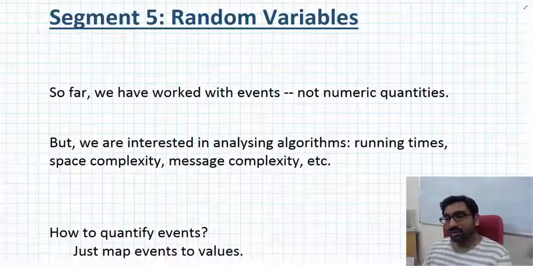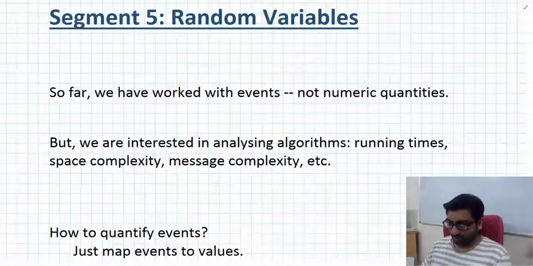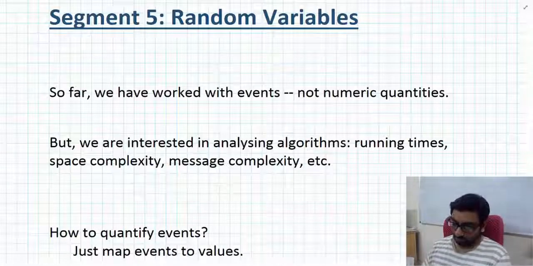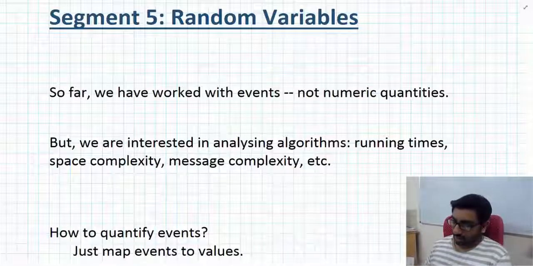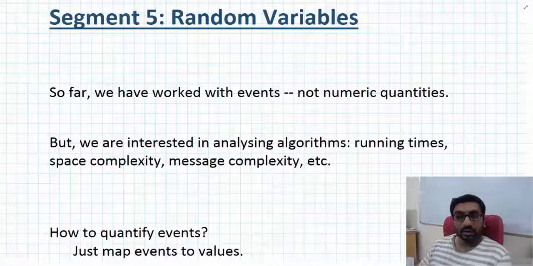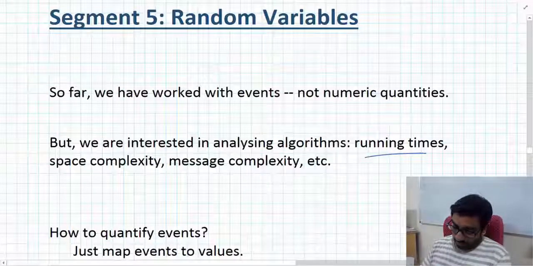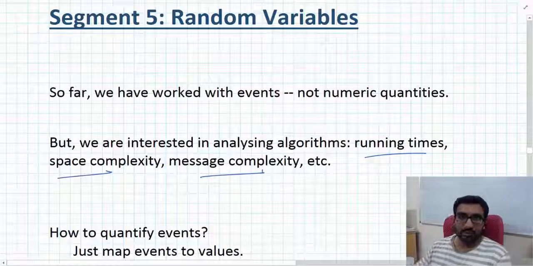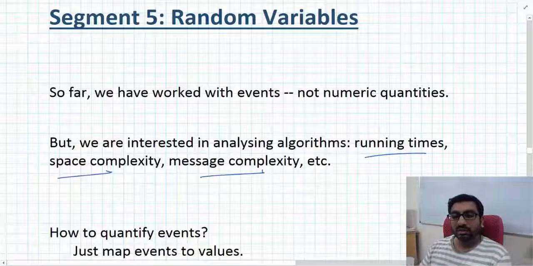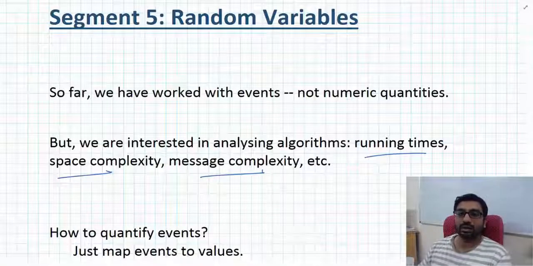Oftentimes we are interested in quantities. For example, in the context of analyzing algorithms, randomized algorithms, we are interested in understanding running time, space complexity, message complexity. These are all quantities, and we want to ensure that these quantities have a small upper bound.